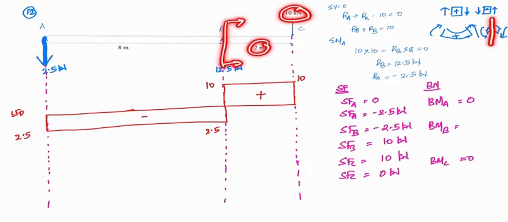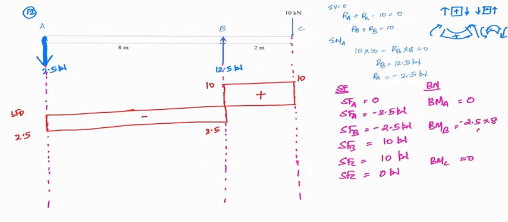I am standing here, there is a downward force which makes it negative. A 10 into 2, that is minus 20 kilonewton meter. So I can mark this as bending moment at B is either minus 2.5 into 8 or minus 10 into 2, which makes it minus 20 kilonewton meter.